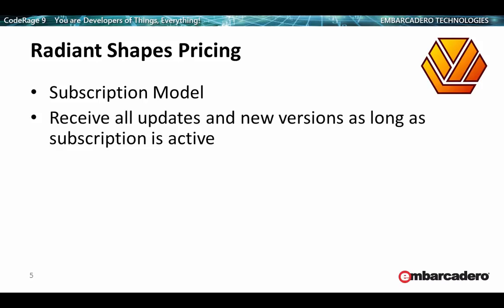The subscription model gives any customer all updates and new versions for as long as their subscription is active. And so that's the best way to stay on top with the current versions. And as you move forward in your IDEs, you know that Radiant Shapes will be there for you for that.